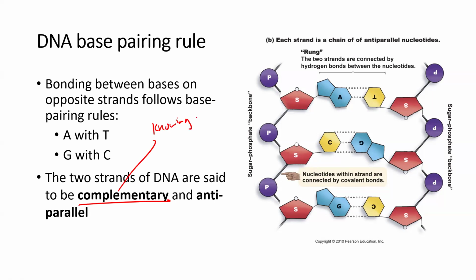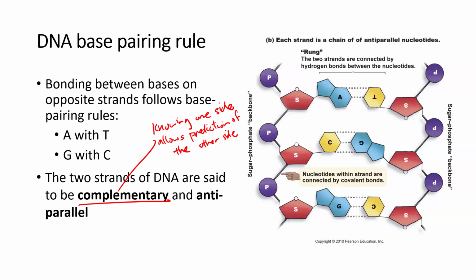Knowing one side allows prediction of the other side. Because of the base pairing rule, A always goes with T and C always goes with G. That's called complementary. And we're going to practice that in a bit.